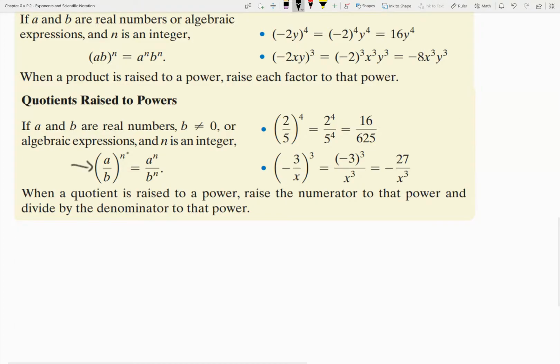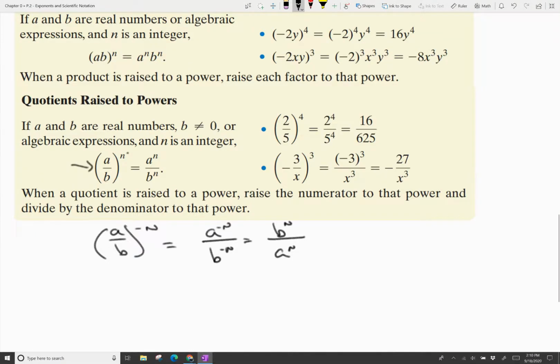I'm going to add something to that as well and say that if we have something like this, but let's raise it to the -n power. Let's watch what happens, and then we'll make a rule for that. From the example above, we know that both of the a and b have to get raised to the -n power. So that's a to the -n, b to the -n. Well, if I have a negative exponent, I have to move it to the bottom of a fraction, and it gets positive. And if I have a negative exponent on the bottom, it moves to the top and becomes positive.